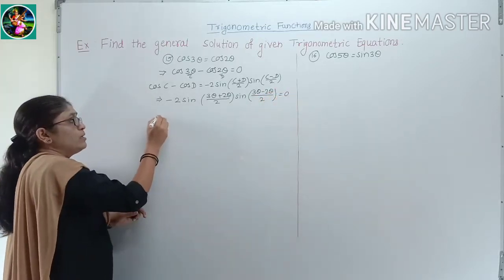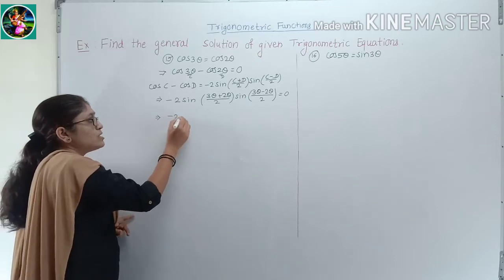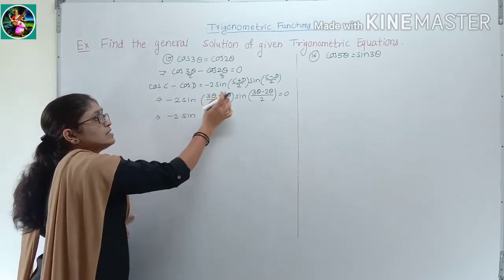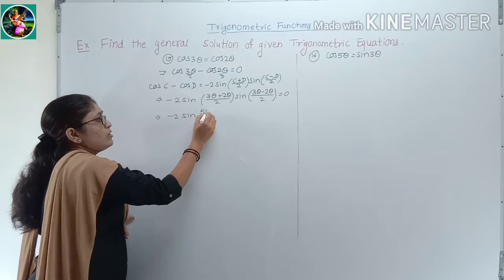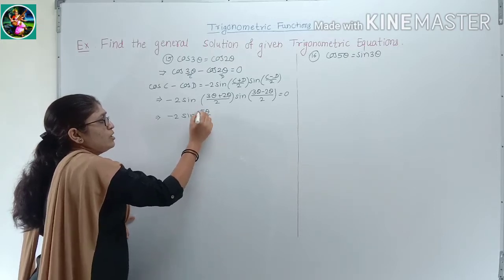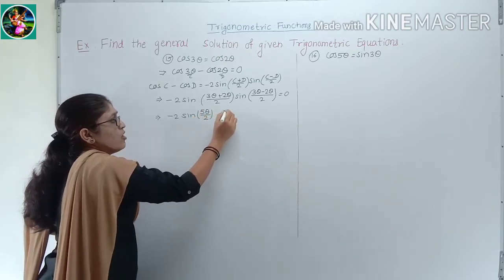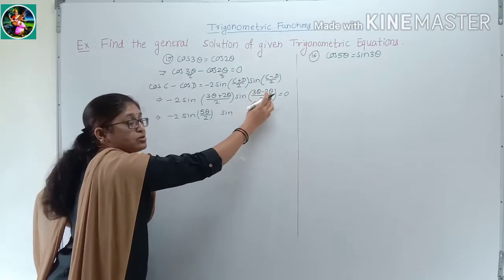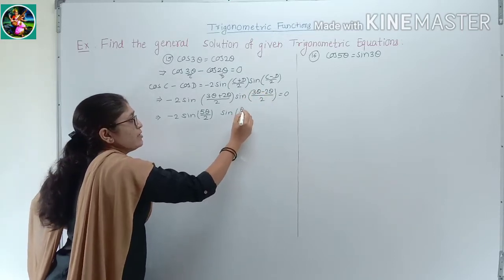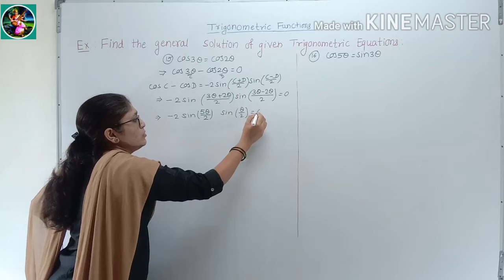Now this is equal to minus 2 sine of 5 theta divided by 2 into sine of theta divided by 2 is equal to 0.